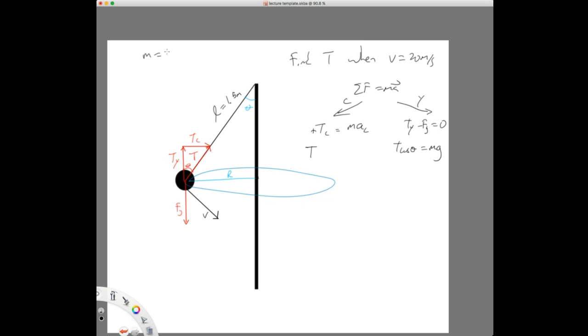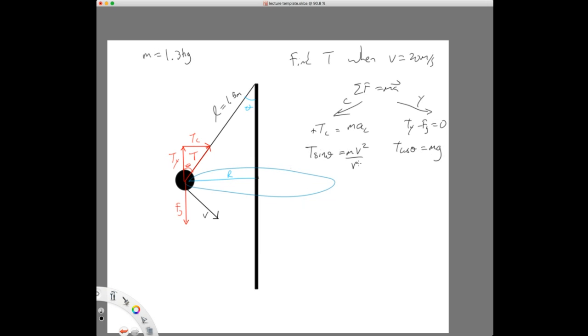Sorry, I forgot to tell that. Suppose that's 1.3 kilograms. We're going to have T times the sine of theta equals M times V squared over R.